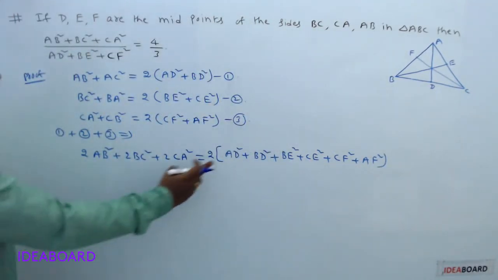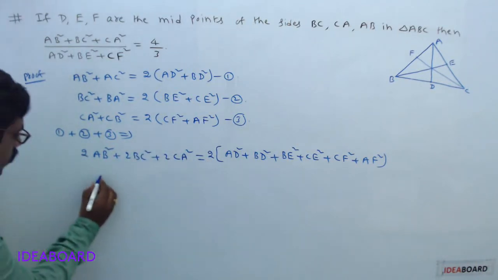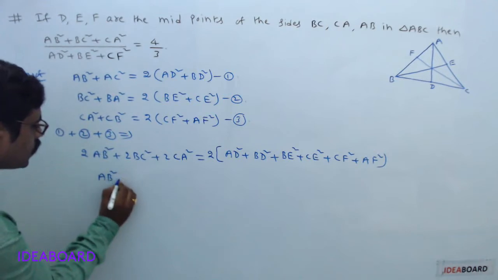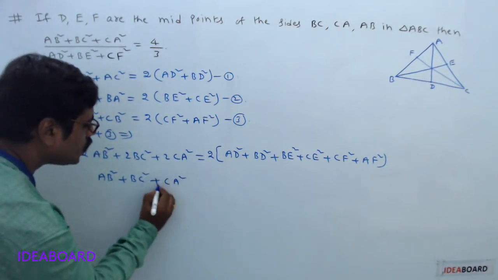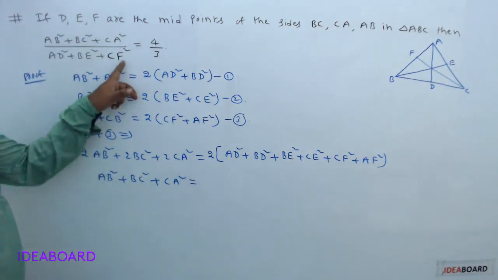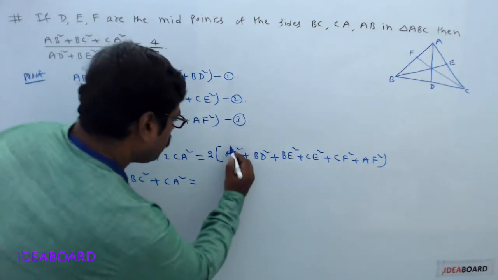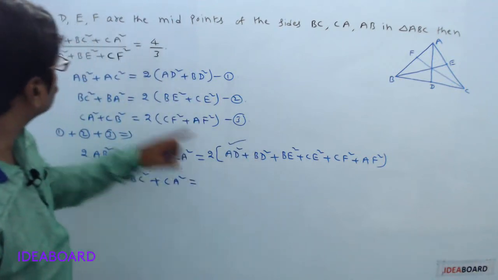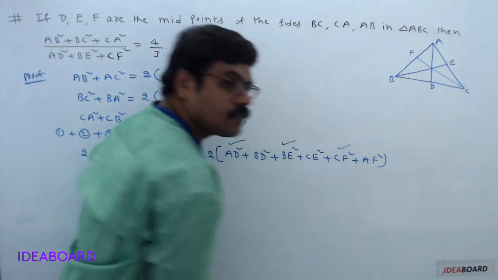Now here dividing this equation on both sides with a constant 2, then it will be AB square plus BC square plus CA square equals to, now here in our required formula AD square plus BE square plus CF square is required. So fix these terms, AD square, then BE square, CF square.